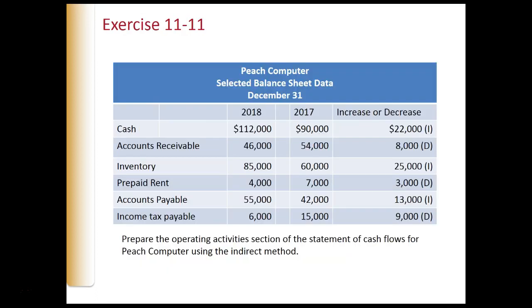So as you see, inventory went from $60,000 in 2017 to $85,000 in 2018. Because it increased, we're going to subtract it. Remember, decreases get added, increases get subtracted.